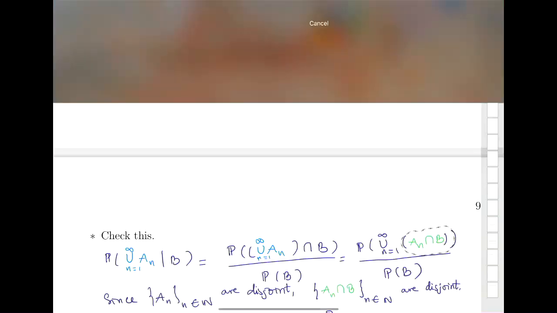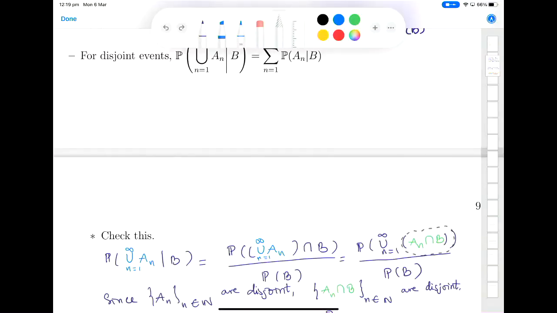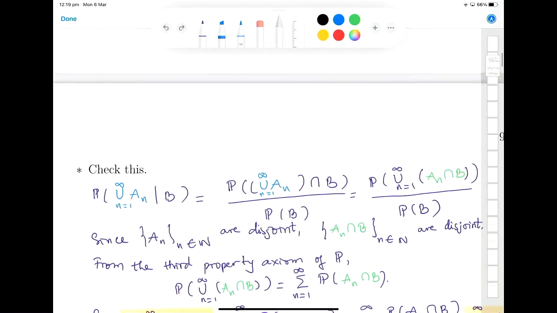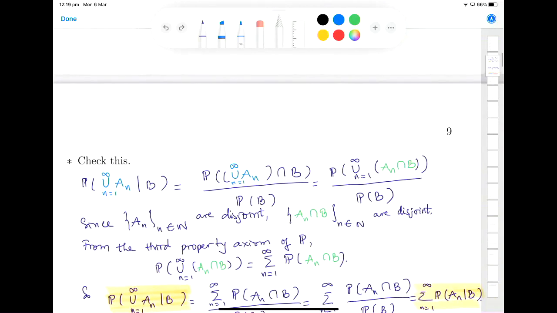And because they are disjoint, you can use the disjoint event property of the probability P, this one. Then you have the probability of the union of a disjoint family of sets equals the sum of probabilities of the green sets.